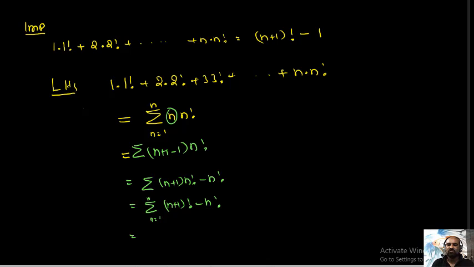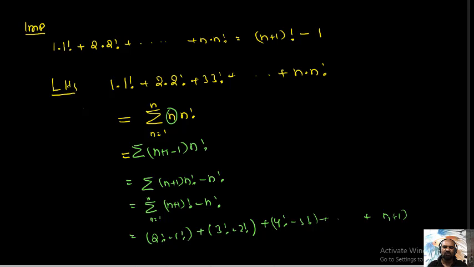For n equal to 1 we get 2 factorial minus 1 factorial, plus 3 factorial minus 2 factorial. So n is taken as 3 now, 4 factorial minus 3 factorial, and so on, plus n plus 1 factorial minus n factorial.